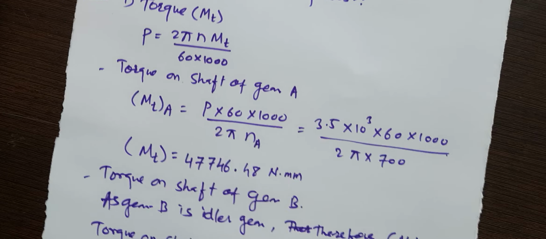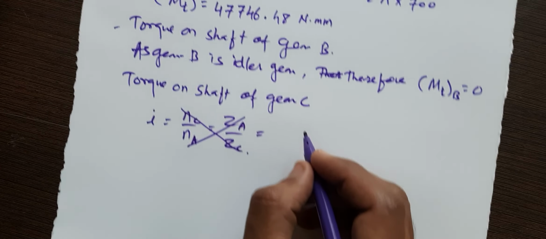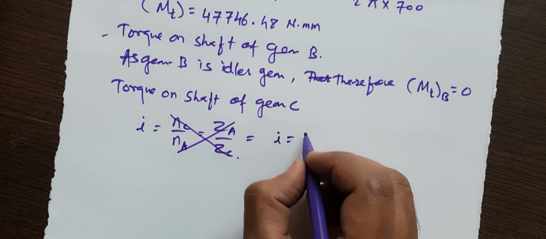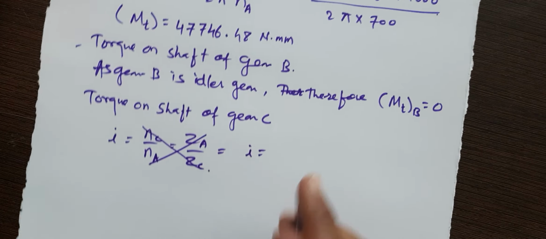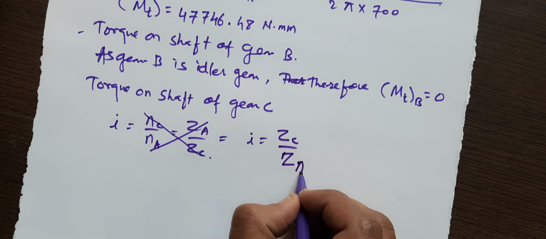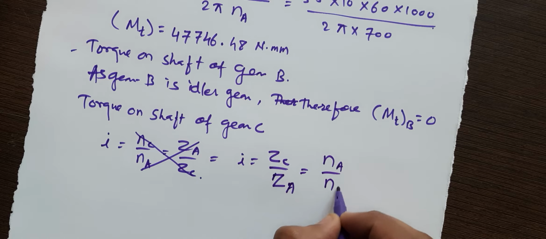Here you just replace this formula, because gear ratio should not be less than 1. So we will write I is equal to gear ratio ZC by ZA, because ZC is greater, is equal to NA by NC.